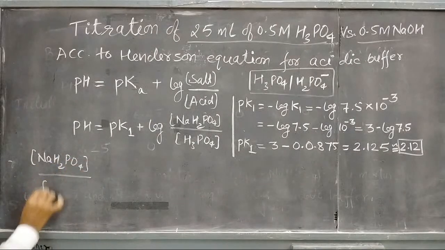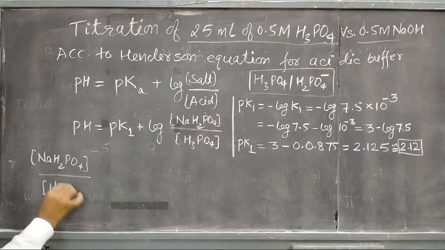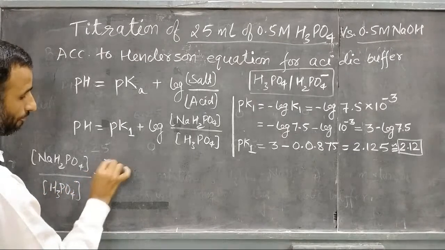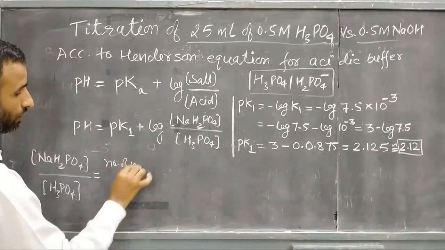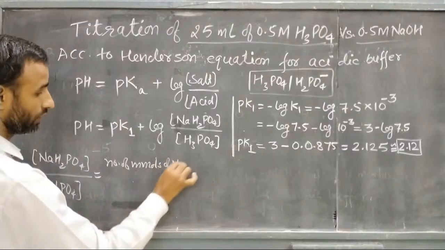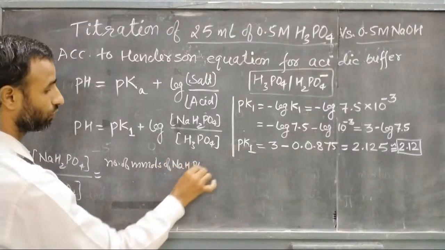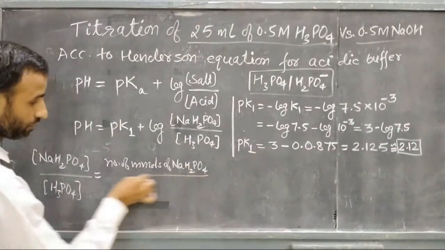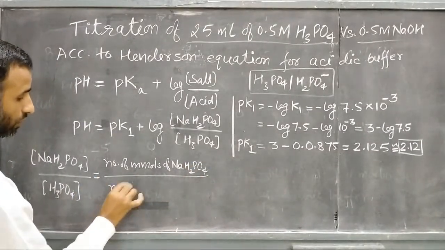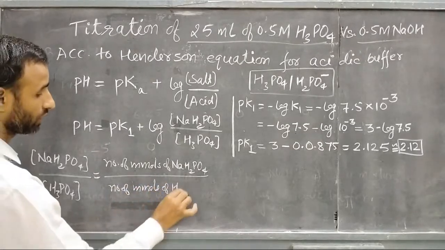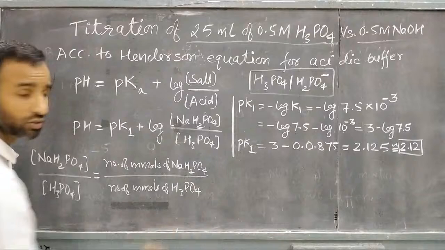Now you know the ratio of NaH2PO4 to H3PO4 is equal to the number of millimoles of NaH2PO4 divided by its volume in ml, divided by the number of millimoles of H3PO4 divided by the total volume.